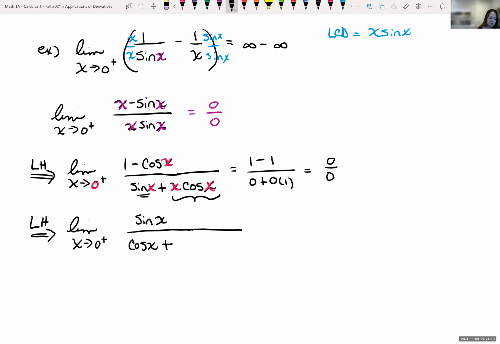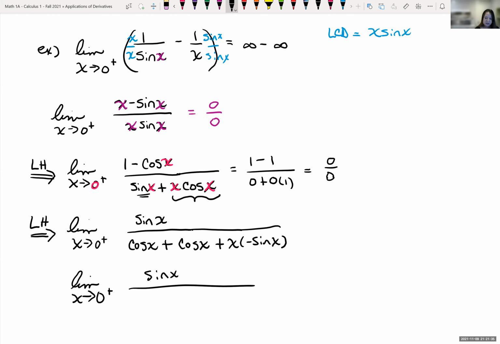So derivative of the first, x is 1 times cosine of x, plus x times the derivative of cosine of x, which is negative sine x. So limit as x is approaching 0 on the right of sine x all over, well, cosine x plus cosine x, that gives me 2 cosine x plus x. Actually, let's just bring the negative out. So minus x sine of x.